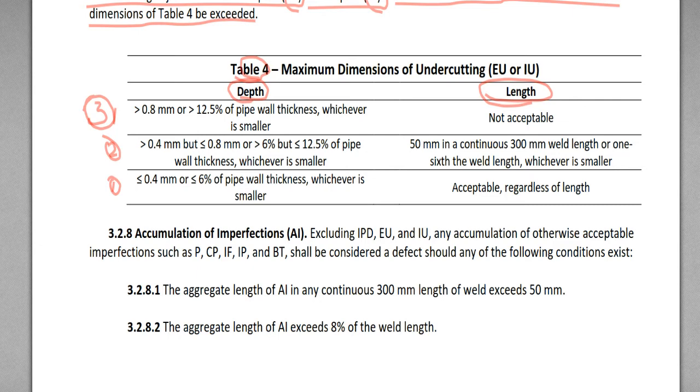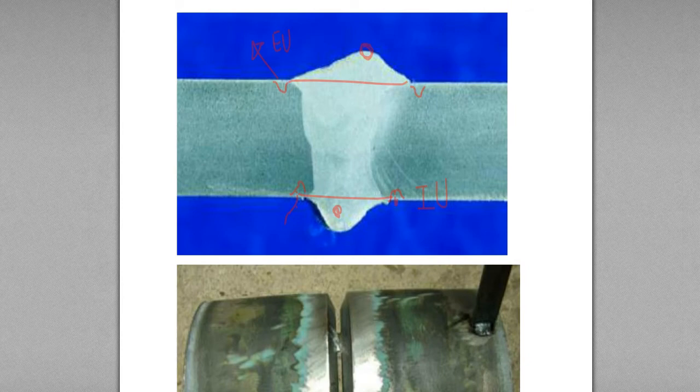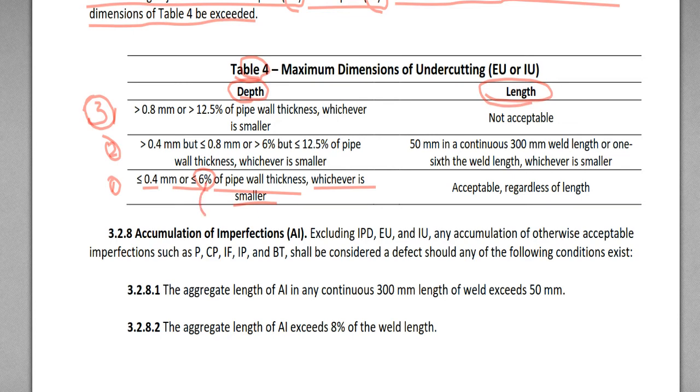When the depth of undercut is equal to or less than 0.4 millimeter or 6% of pipe wall thickness, whichever is smaller, which means the depth of undercut is equal to or less than 0.4 millimeter, or let's say the base metal thickness is 10 millimeter, then the acceptance criteria is 6%.